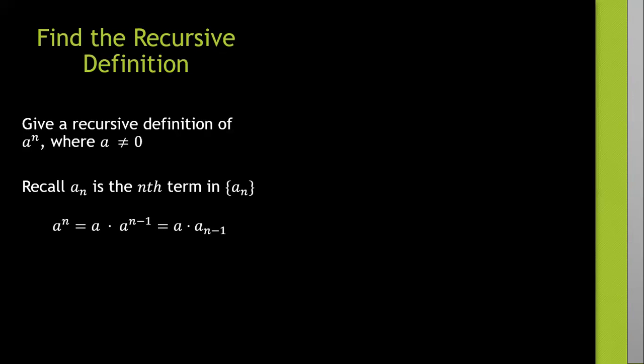So a to the power n, we can rewrite that, right? Factor out the a: a times a to the n minus 1. Well, a to the n minus 1 is the a sub n minus 1th term in the sequence. So we can see here that this is how we can build our recurrence relation.